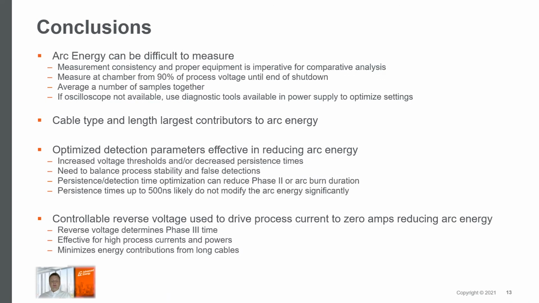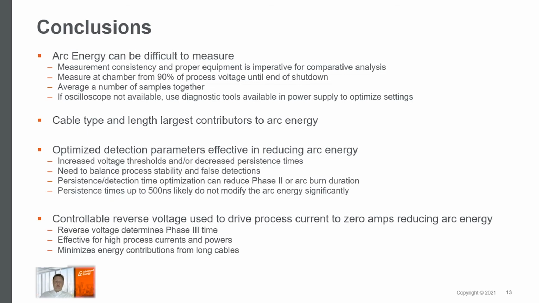The cable type and length are significant contributors to arc energy, and the optimized detection parameters are effective in reducing arc energy. Increasing the thresholds and/or decreasing the persistence times will help. However, you need to balance that with process stability and false detections.